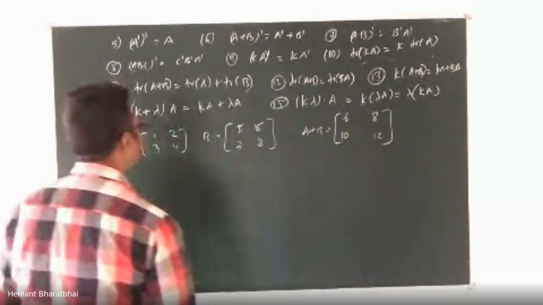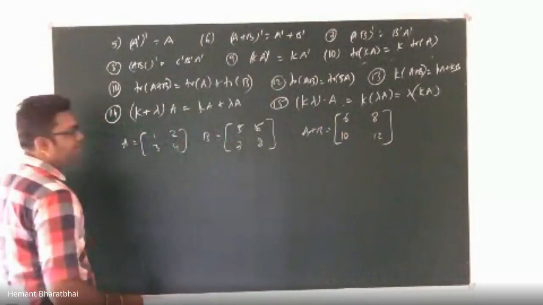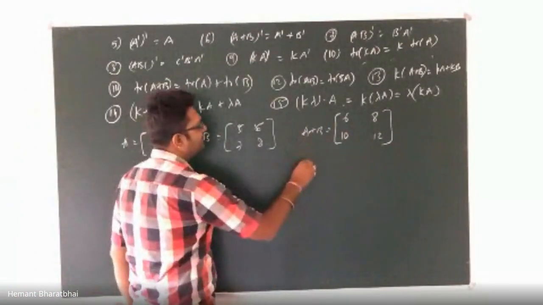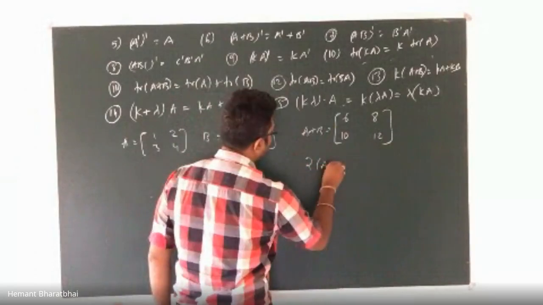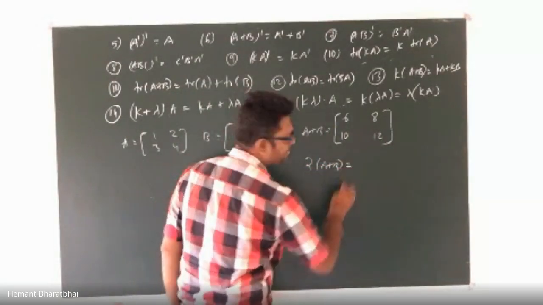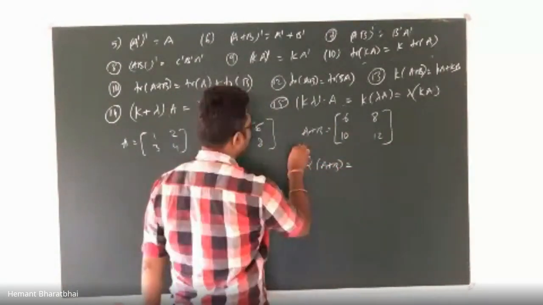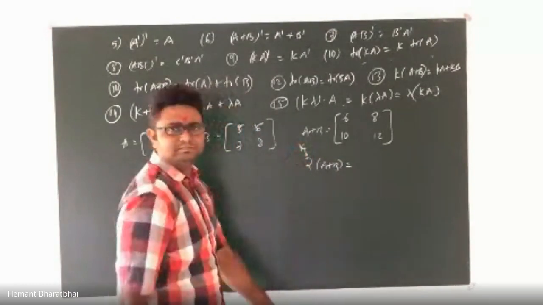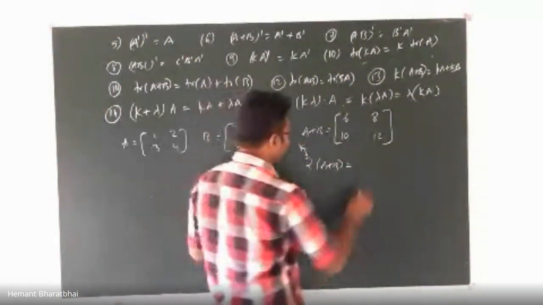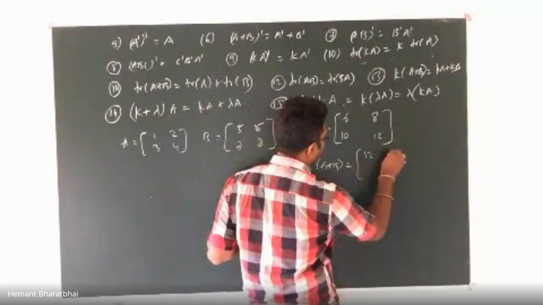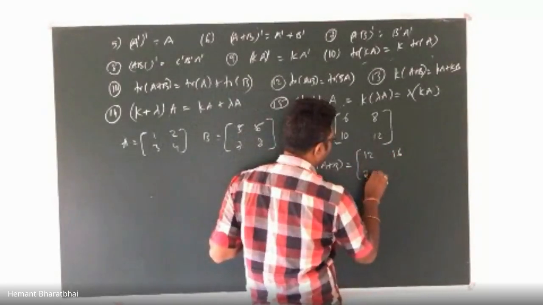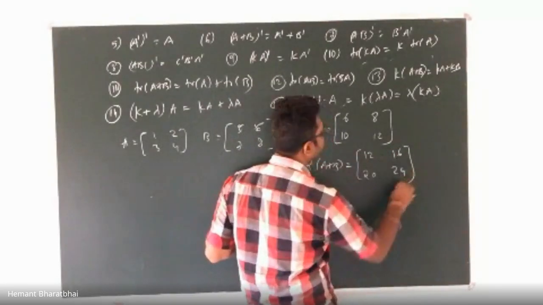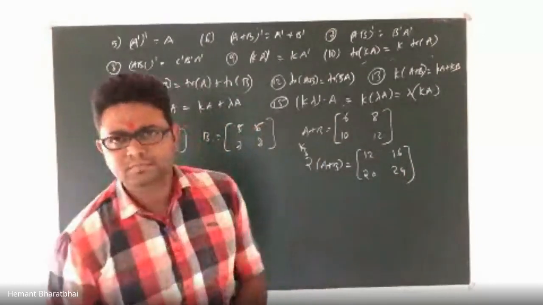Okay. Let me do 2 times A plus B. So this is my K in this case. I am taking K as 2. So I will get 12, 16, 20, 24.